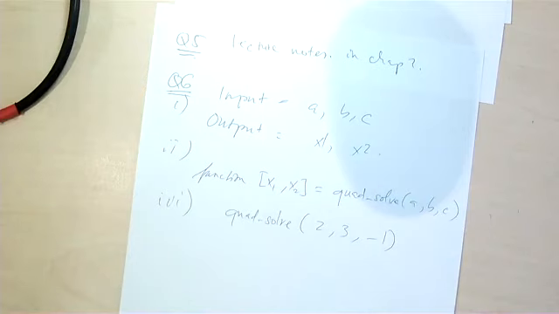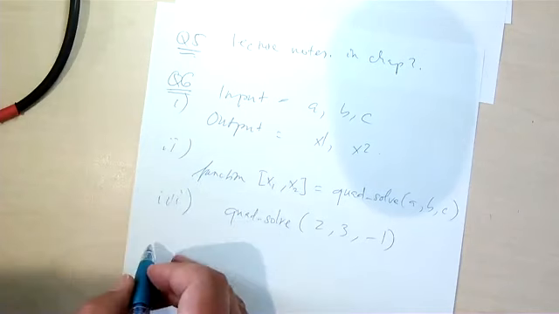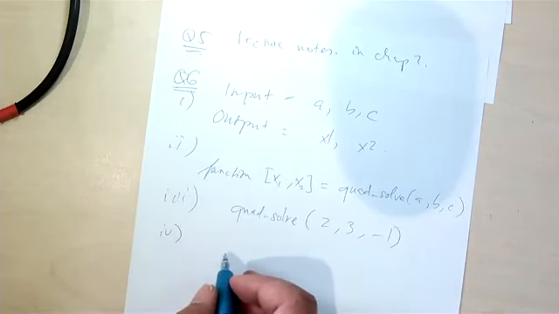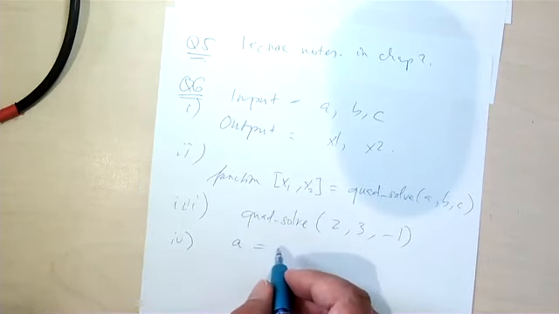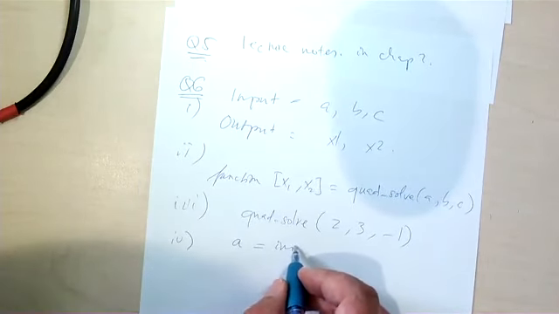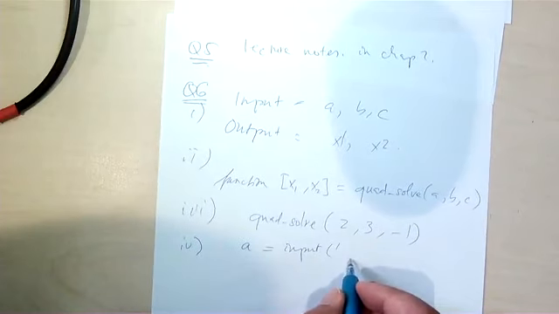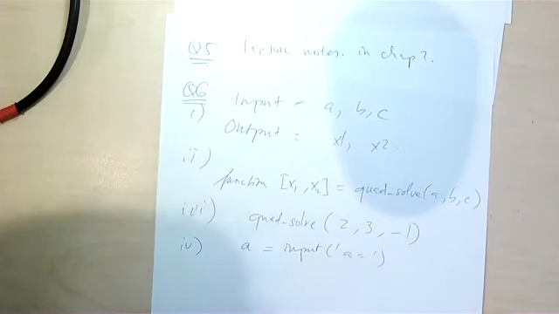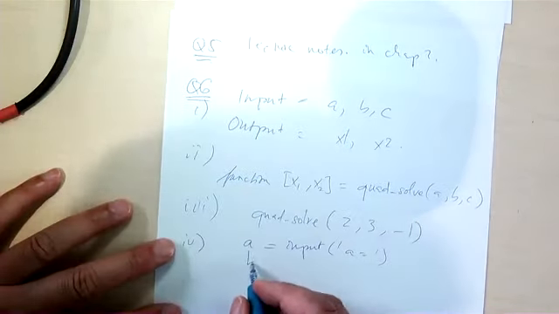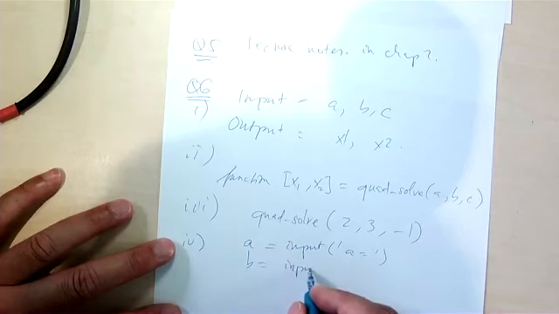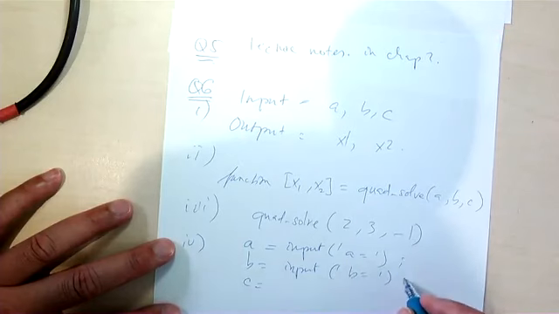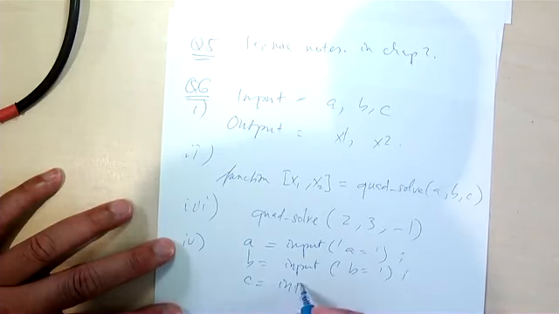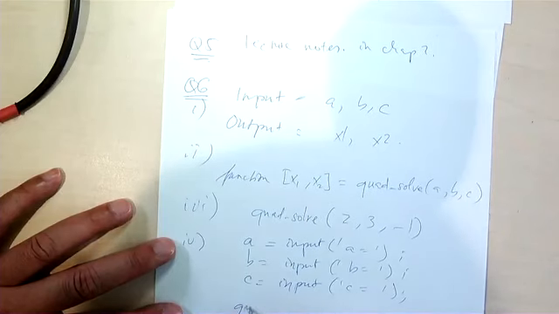And then you just A equal input something, B equal input, C equal input, and then you just call quadsolve.